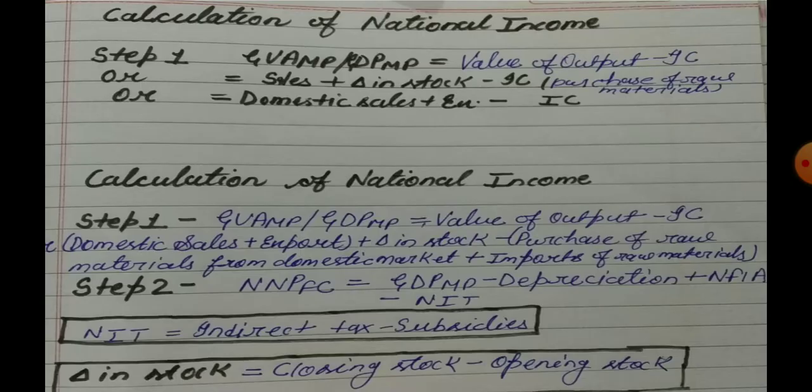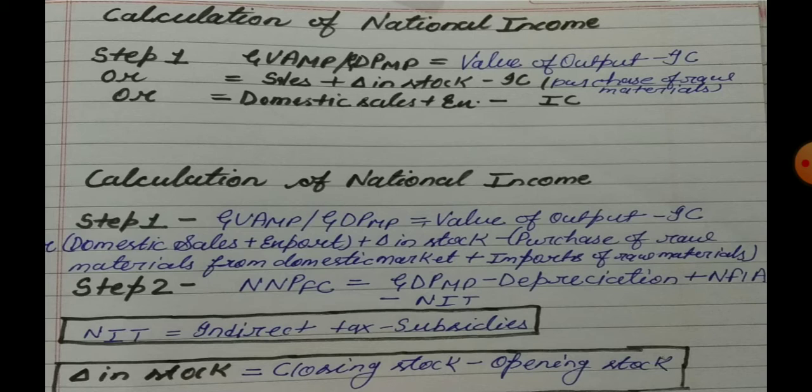Now what are the steps for calculating national income? National income means NNP-FC, remember it. I had told you in the income method also, national income always stands for net national product at factor cost, NNP-FC. So note it down. When we are using the production method or value added method, we have to adopt two steps.